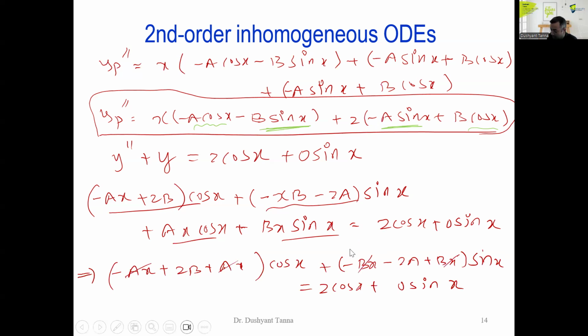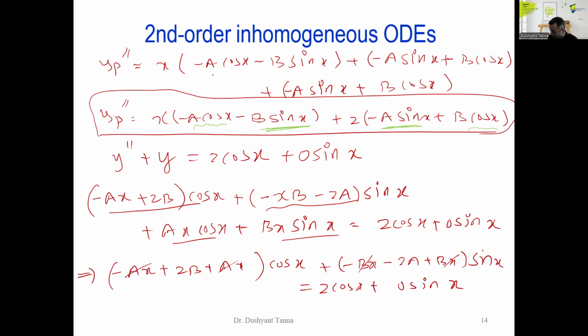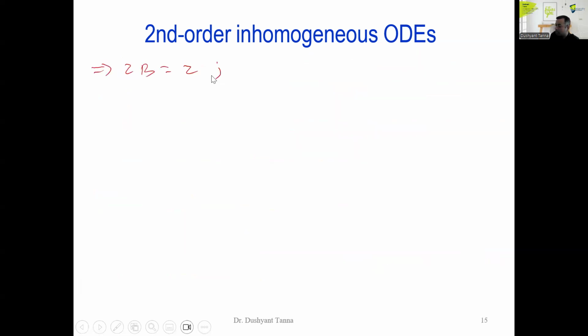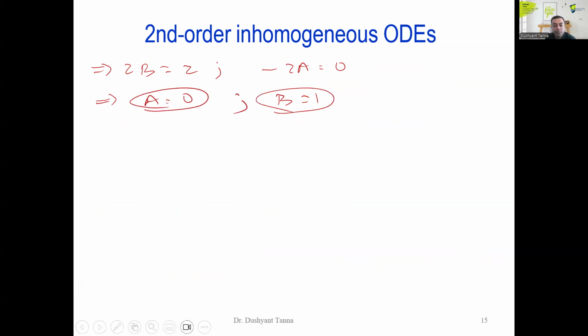So if I equate it, I will get 2B is 2 and minus 2A is 0. That means A is 0 and B is 1. I got my A and B. And that's what we wanted, isn't it?